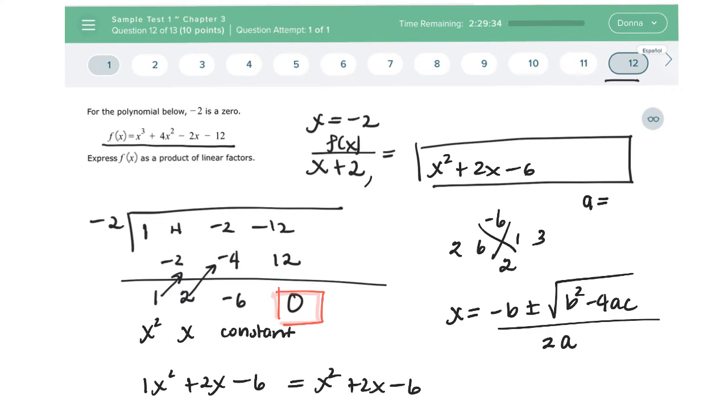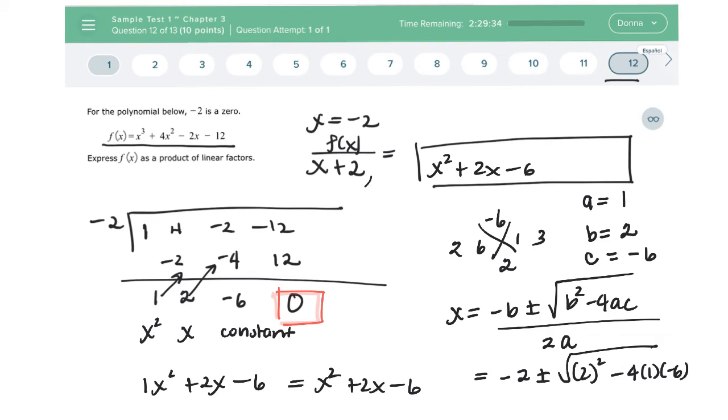A in our particular case is the coefficient of x squared, which is 1. B is the coefficient of the linear term 2x, so that will be 2. And c is equal to the constant, which is negative 6. Substituting in, we have the opposite of 2 plus or minus the square root of 2 squared minus 4 times 1 times negative 6, all divided by 2 times 1. Let's go ahead and continue this on our next page.